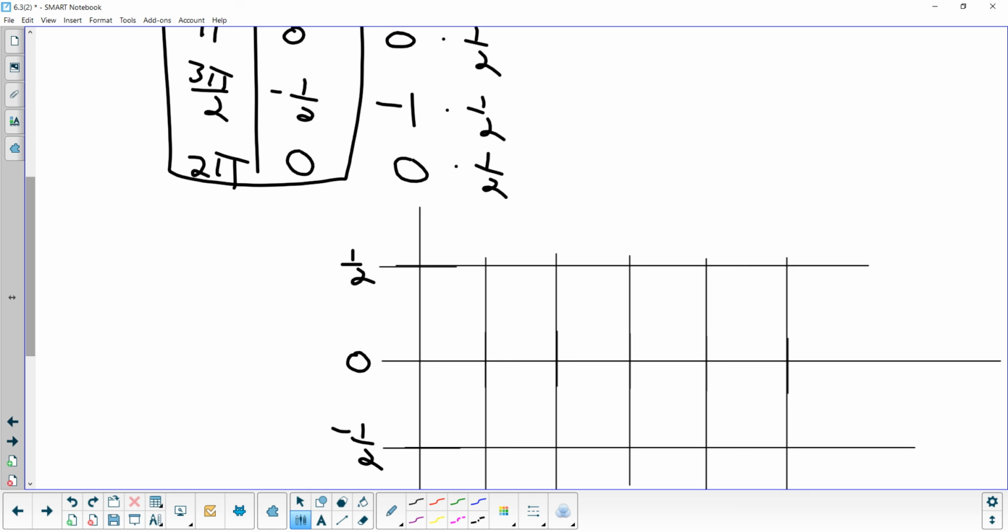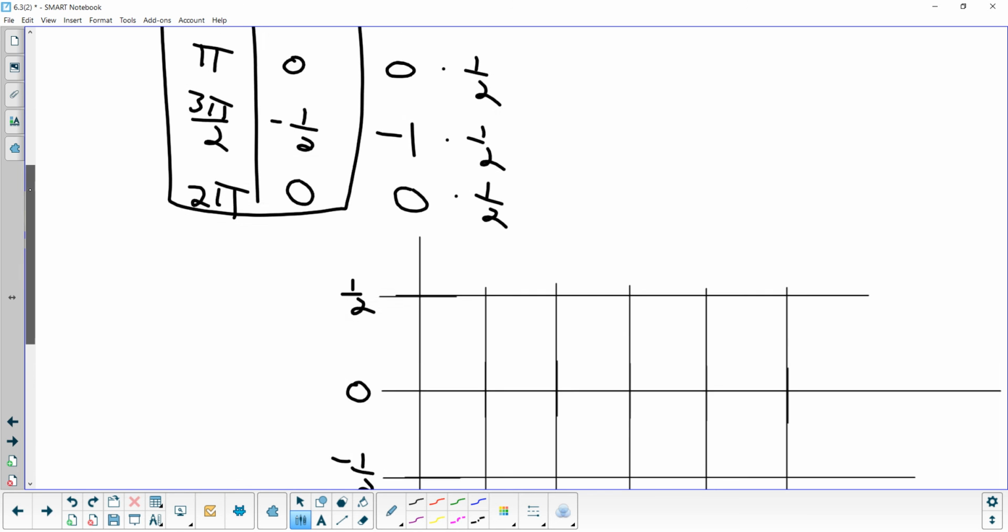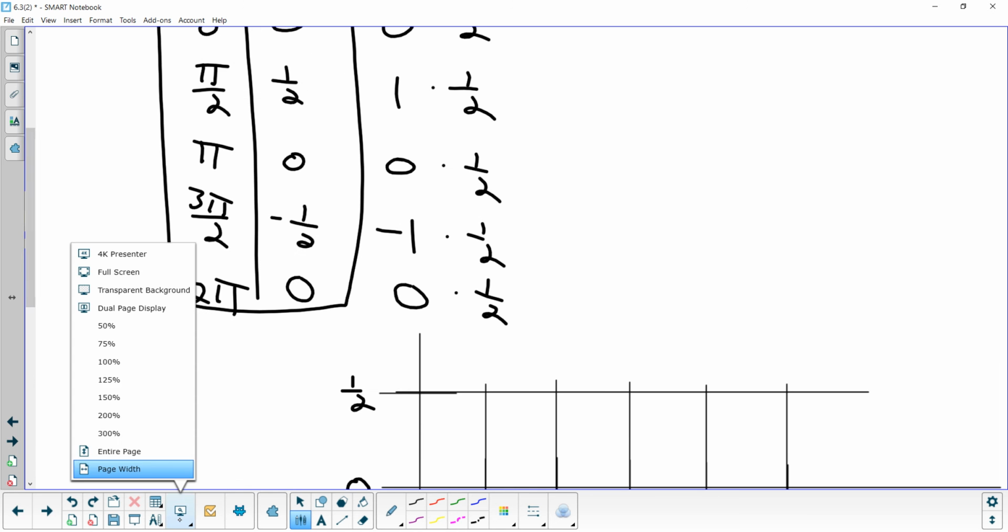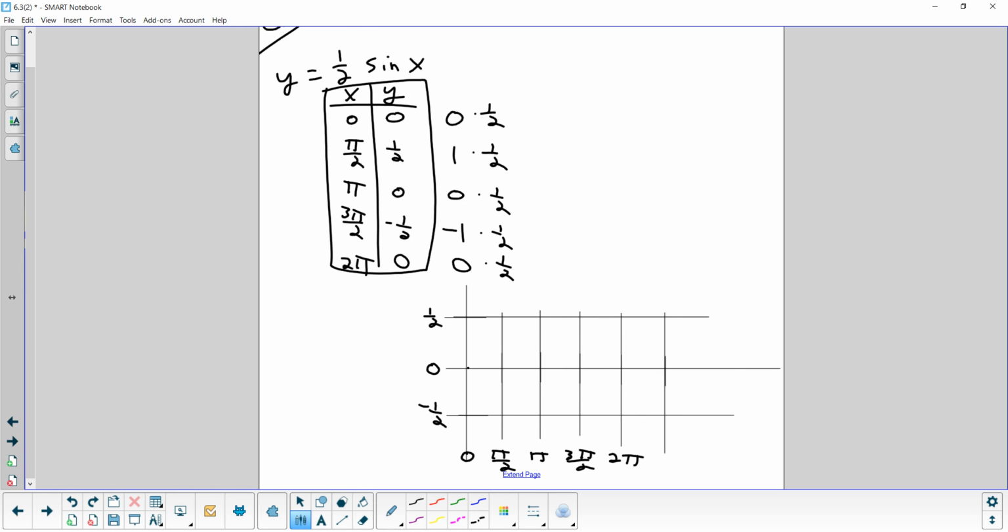That's how I'm going to do it, so my coordinates always land right where two grid lines cross. We've got 5 points to sketch: 0, pi over 2 and a half, 0, -1/2, back to 0. And there's your sketch.